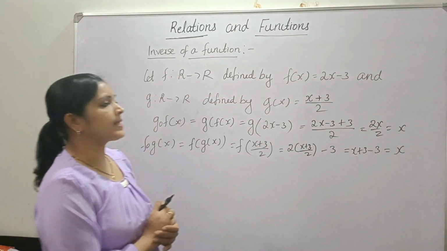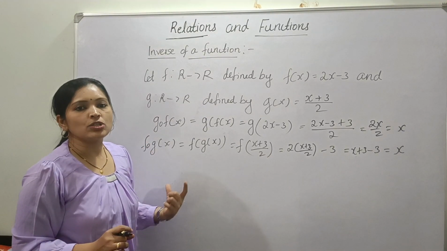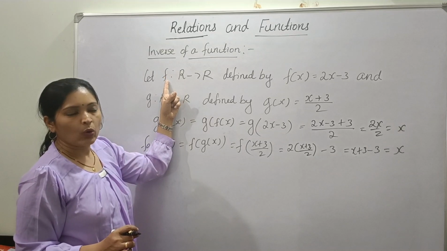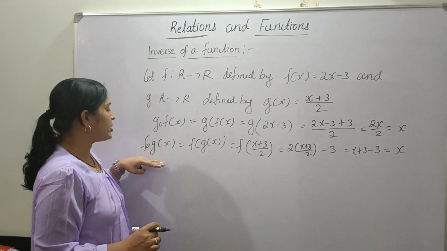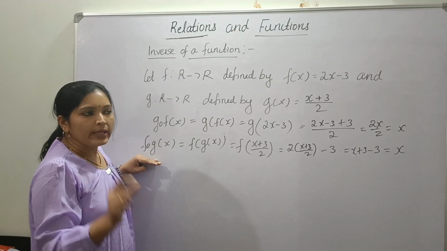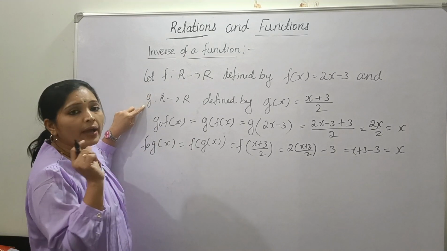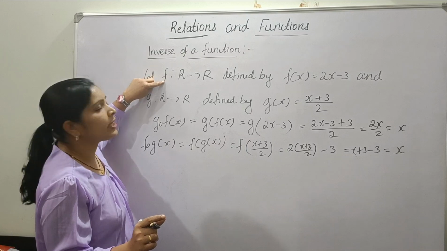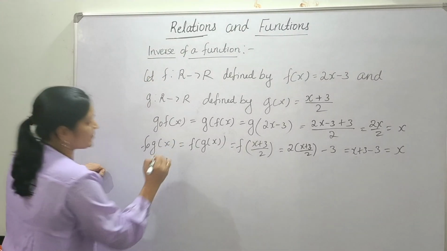So in this case we call this g the inverse of the function f. Here we have got g composite f and f composite g as identity functions, so we call g the inverse of the function f, and it is denoted as f inverse.